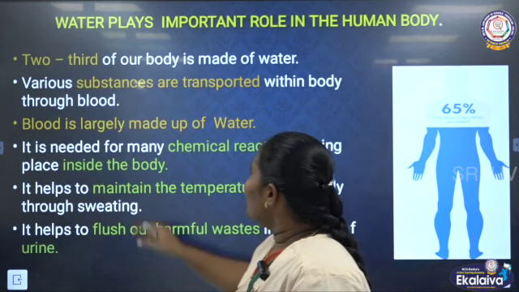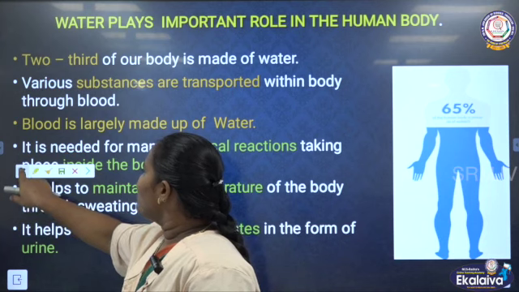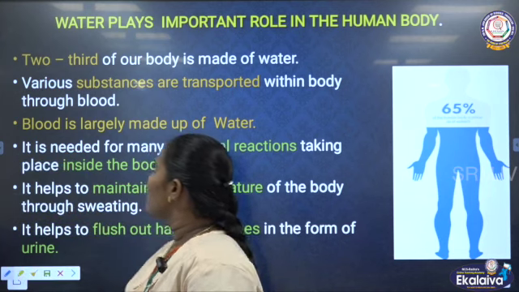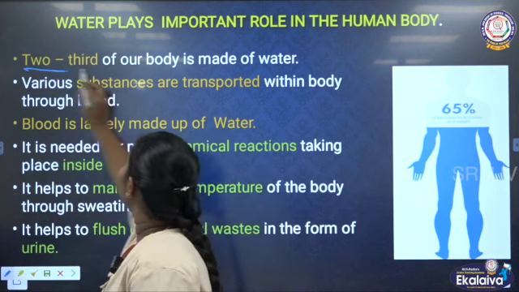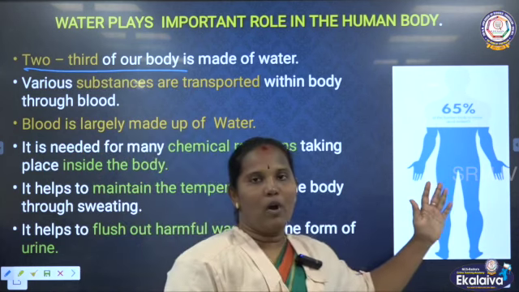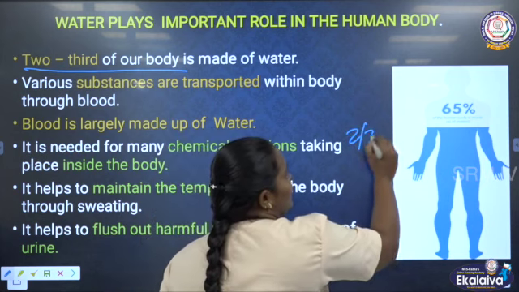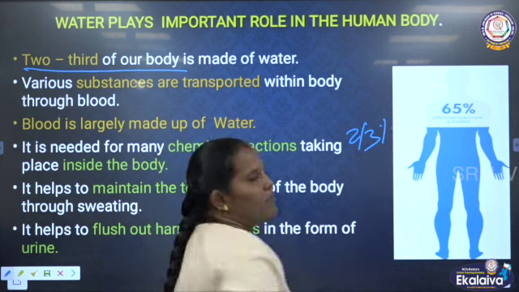Next one, water is important. How is it important? Our body is made up of about 2/3, or 3/4, how much can we say? See, already told, our body is made up of about 2/3 water.